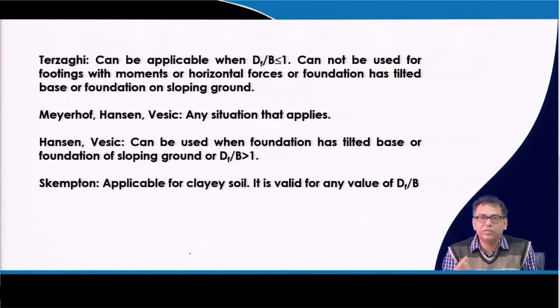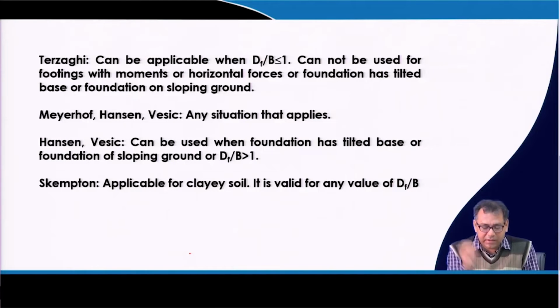Now, which approach do you have to use? The Terzaghi can be applicable when Df by B is less than or equal to 1, but the Hansen, Vesic and the Skempton approaches you can use even for Df by B greater than or equal to 1 also. Even the Meyerhof approach you can use.